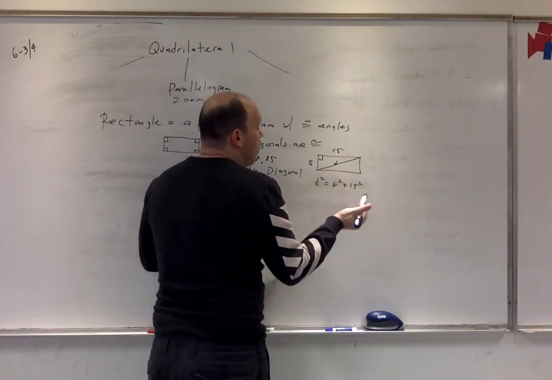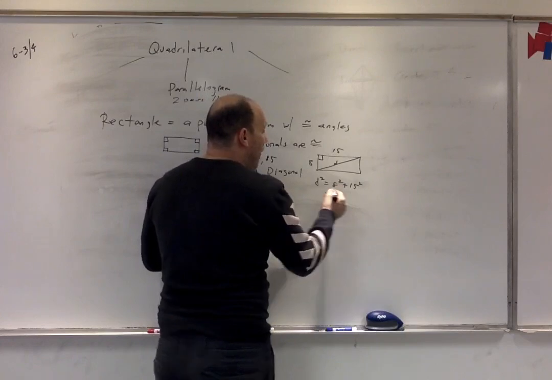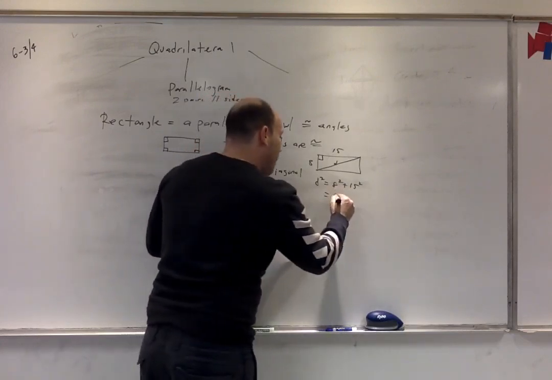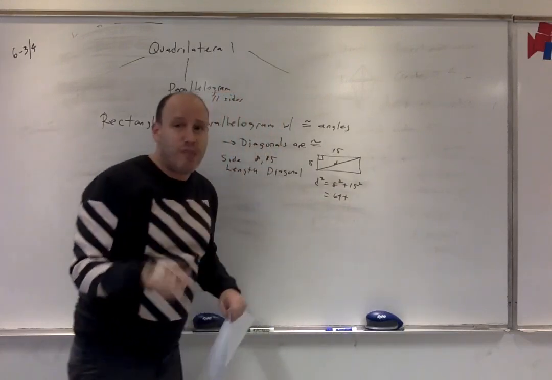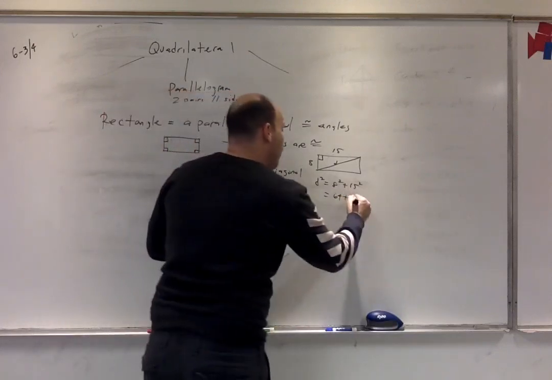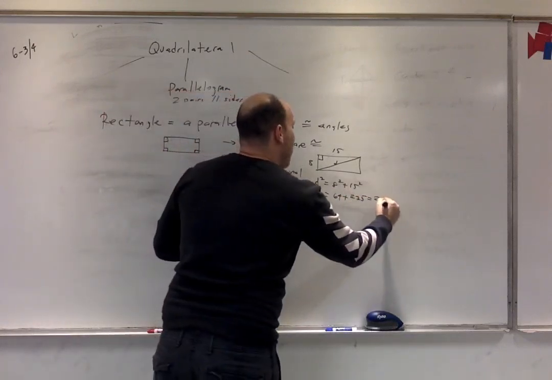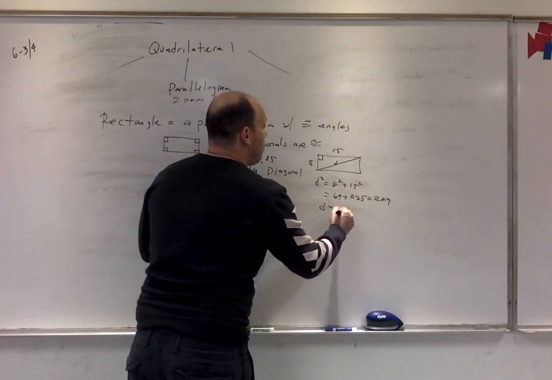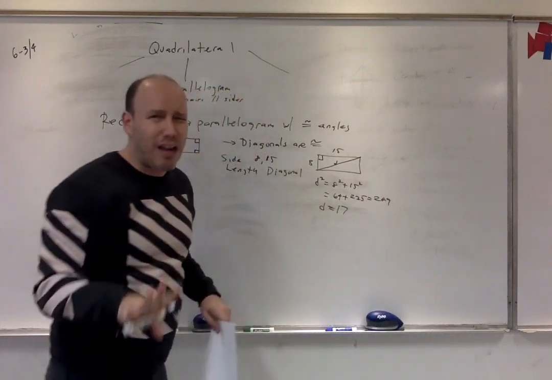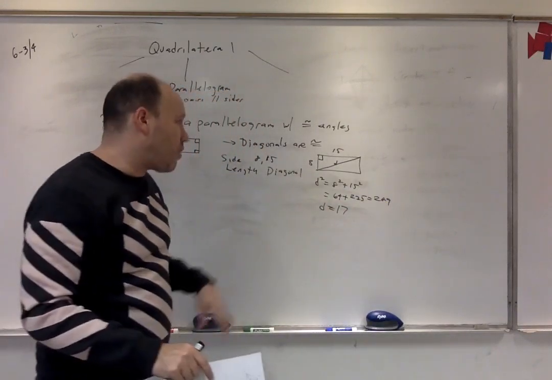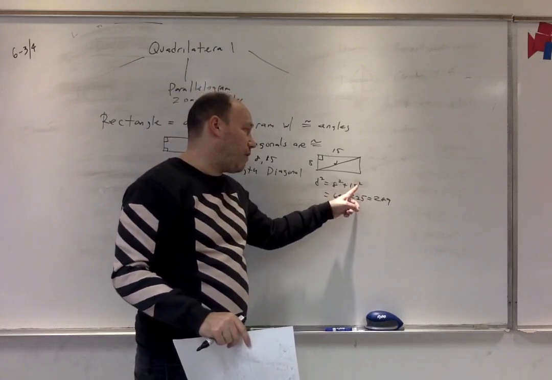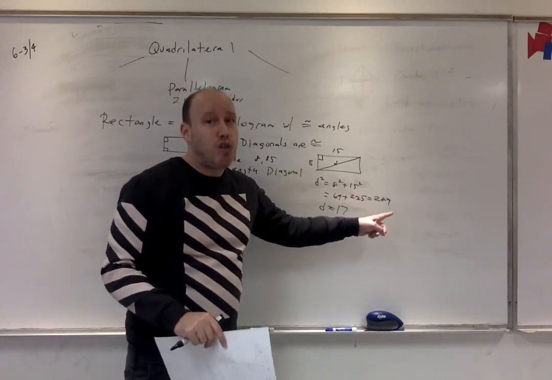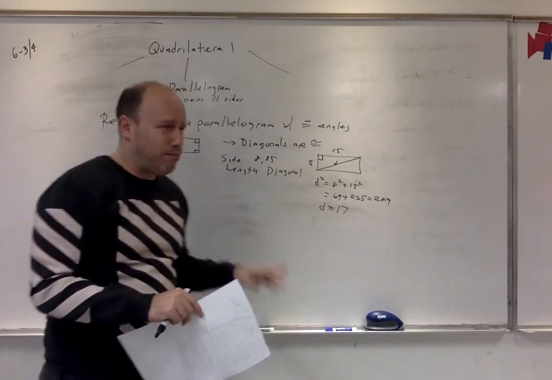And you go to your calculator, or you can do it: what's 8 times 8? 64. What's 15 times 15? 225. This is 289, and so d equals 17. Probably a calculator question. It doesn't hurt to know that 225 is 15 times 15, and that 289 is 17 times 17.